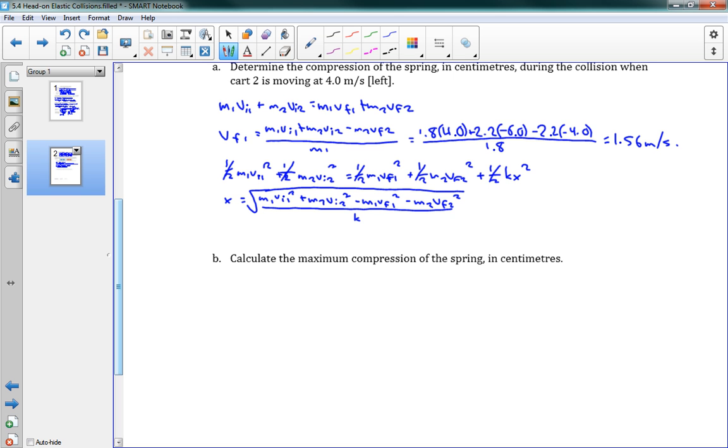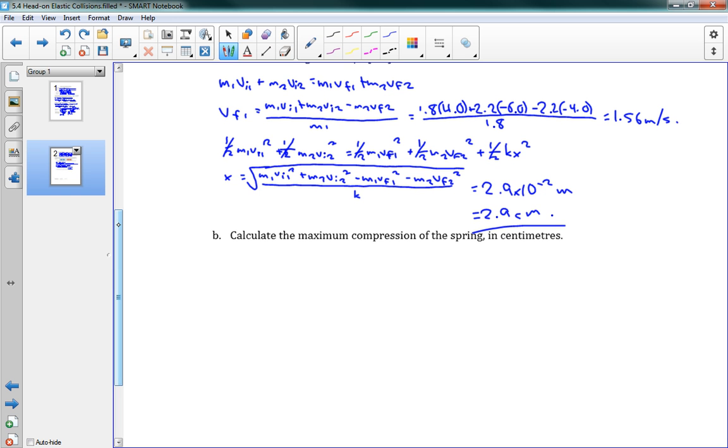That's our square root term. I am not going to write in all those numbers. You are welcome to, but for the video, I'm just going to give us our final answer: 2.9 times 10 to the negative 2 meters, which is 2.9 centimeters. All that to say, the spring compresses 2.9 centimeters. But it's cool that we were able to find out that value, I think.